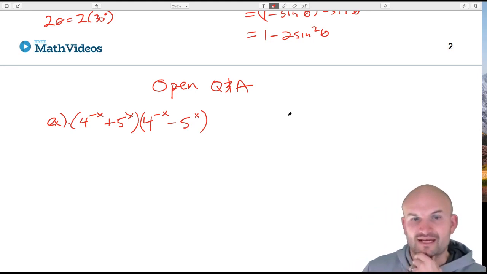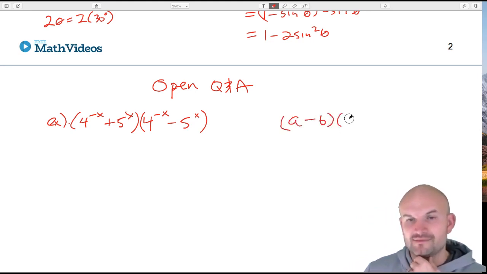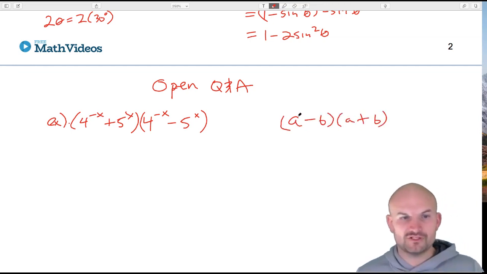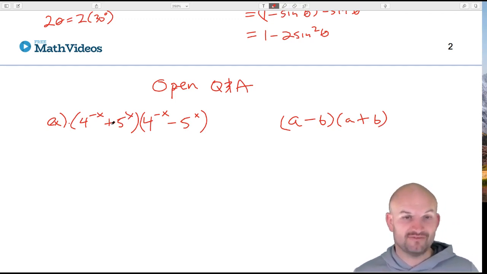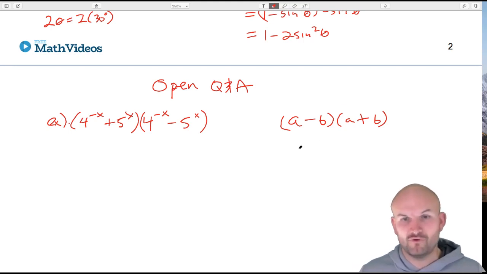But hopefully you guys recognize that this is just in the form of a minus b times a plus b, right? The first two terms are exactly the same. The last two terms are exactly the same. The only difference is one's positive and one's negative. So you could multiply these out using FOIL, but in reality, all we're going to do is a squared minus b squared.